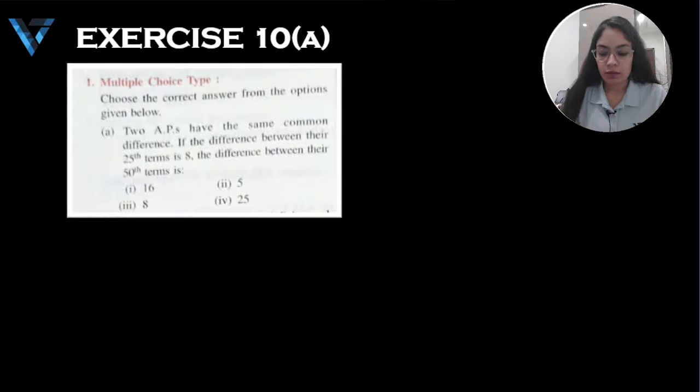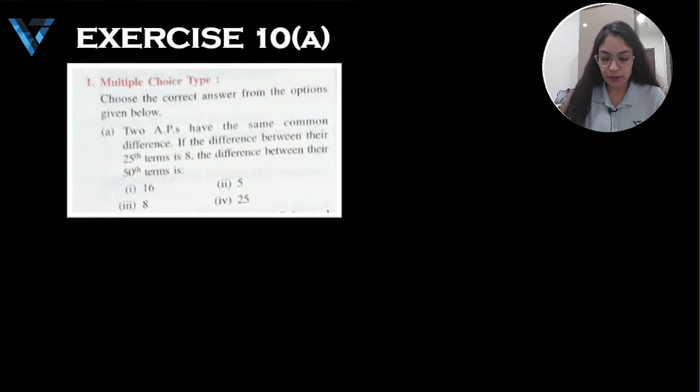MCQs. Choose the correct answer from the options given below. Two APs have the same common difference. If the difference between their 25th terms is 8, we have to find the difference between their 50th terms.